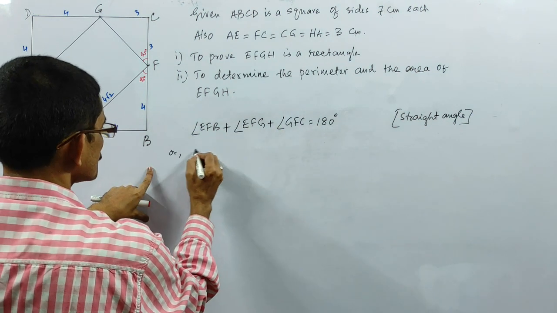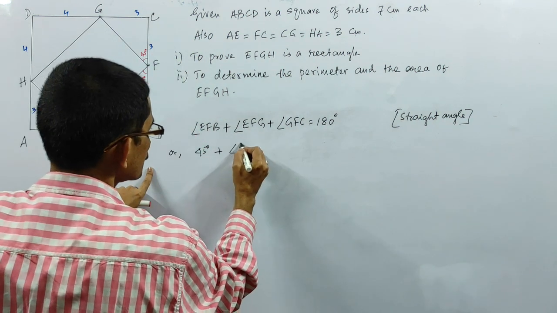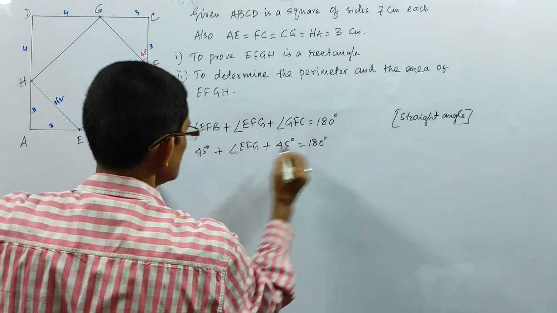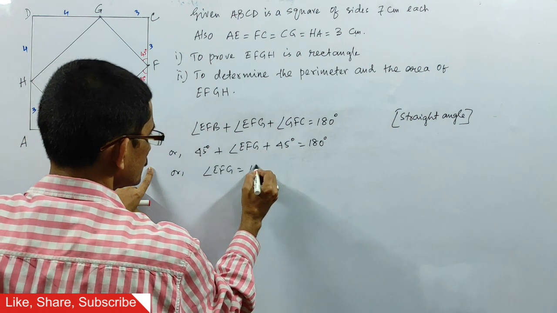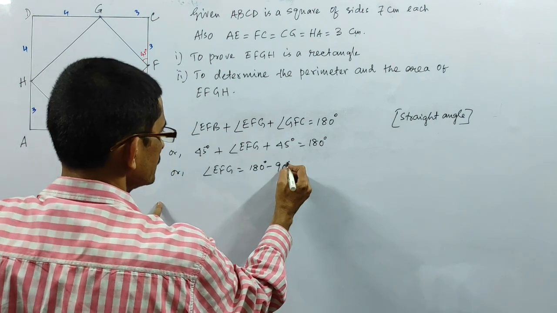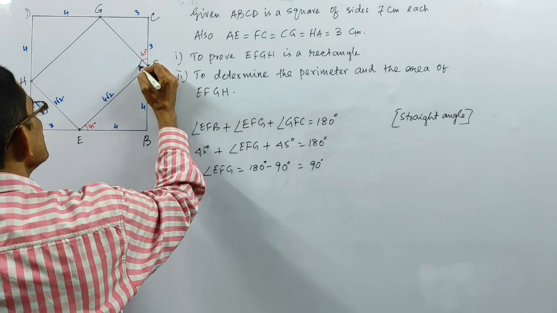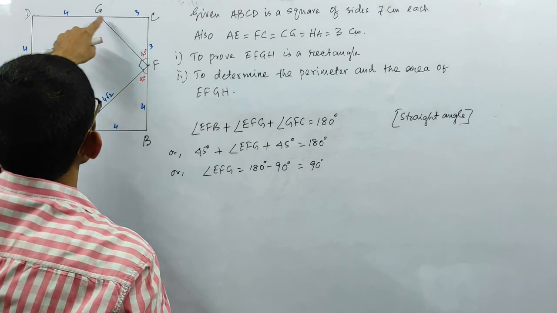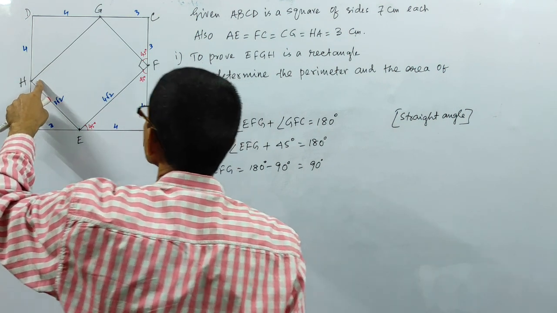Put the values. 45 degrees plus EFG, what we are going to find out, plus 45 degrees is equal to 180, or angle EFG is equal to 180 minus 90, 45 degree plus 45 degree, 90 degrees. So this angle is 90 degree. Similarly, this angle is 90 degree because these two are 45 degrees. These two are 45 degrees, so this angle is also 90 degrees.